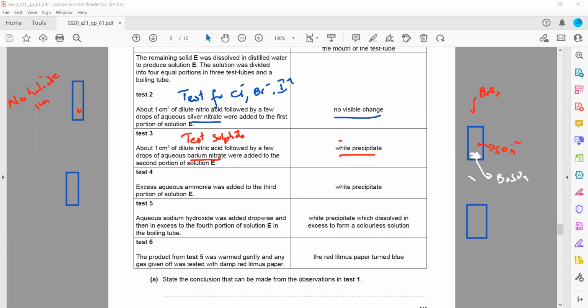Then aqueous sodium hydroxide was added dropwise in excess to a fourth portion of solution E in the boiling tube. So we are supplying heat energy. When we add sodium hydroxide and heat, a white precipitate dissolves and forms a colorless solution.